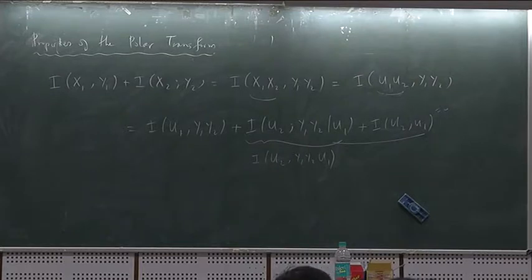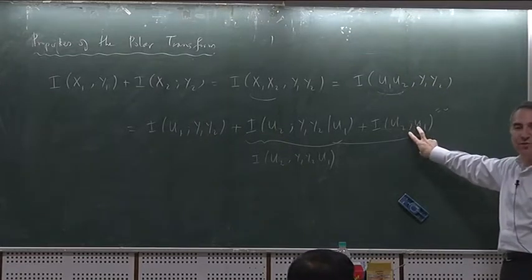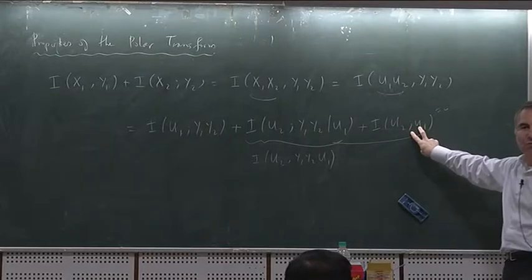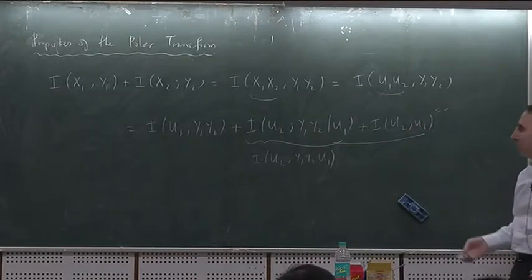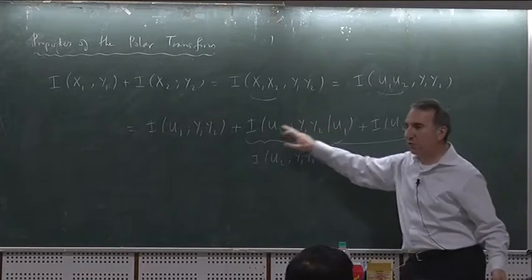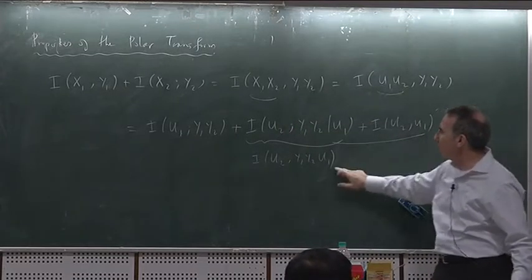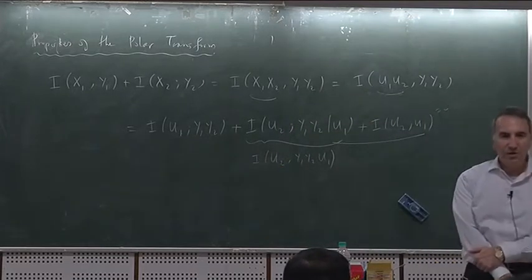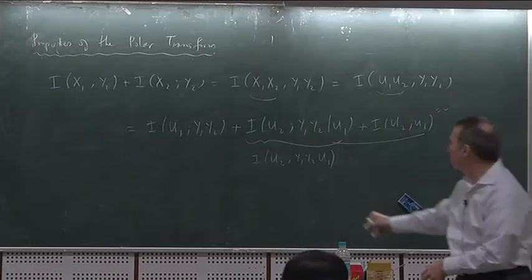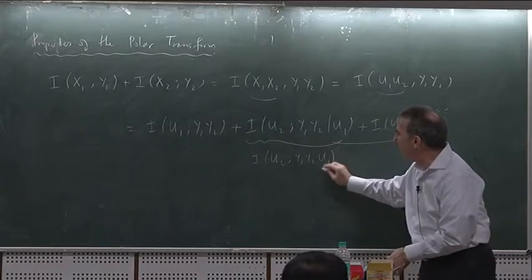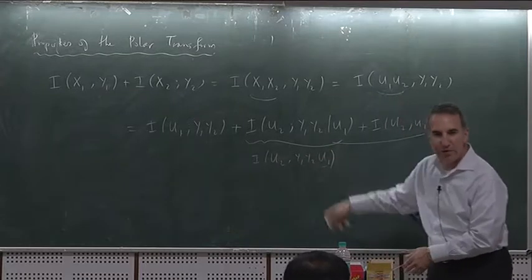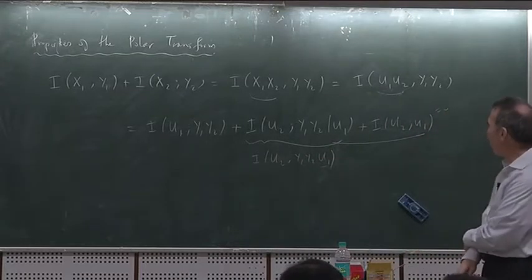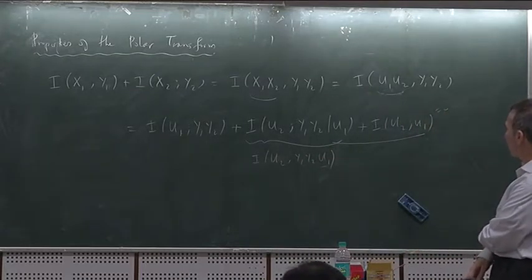Is this okay? Essentially, I just added here something which is 0. Mutual information between independent random variables is nothing, but it allowed me to recognize these two terms as the expansion of this thing by the chain rule, as U2 and the first term, and U2 and the other given the first. Okay, good.